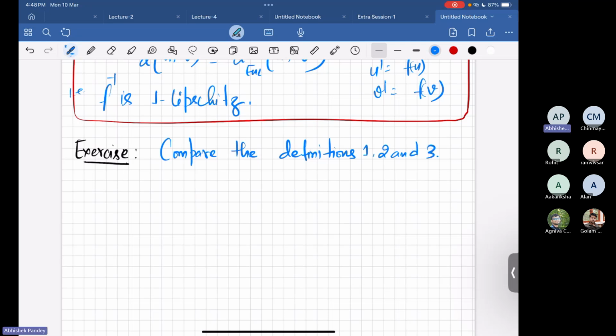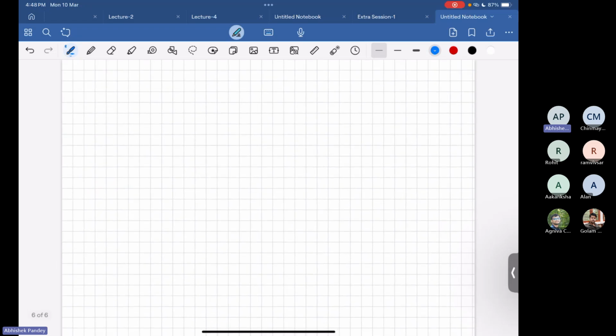Okay, so now we are going to talk about the model spaces.